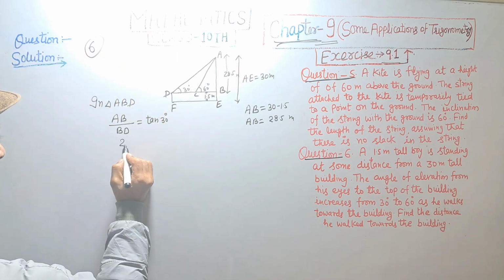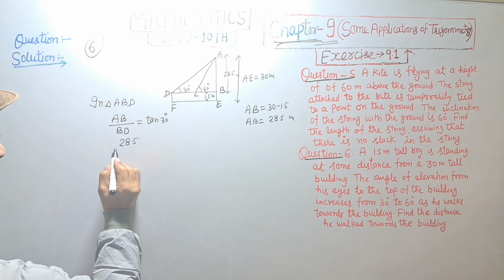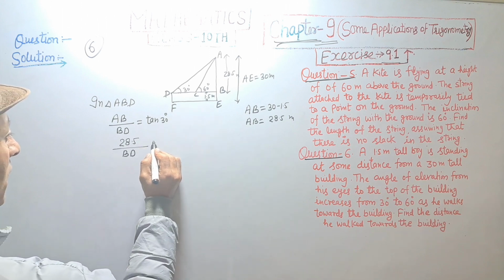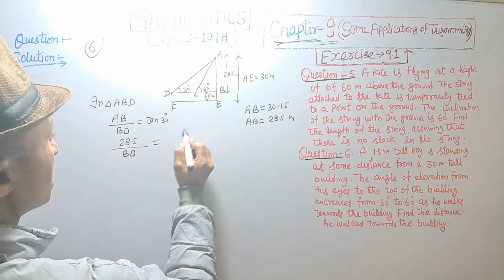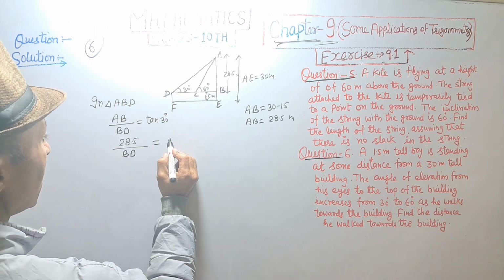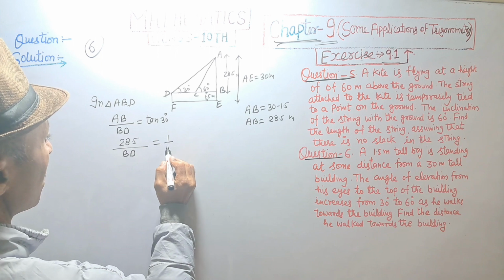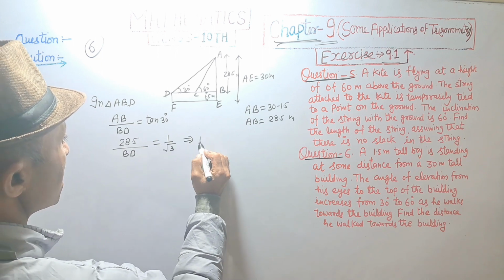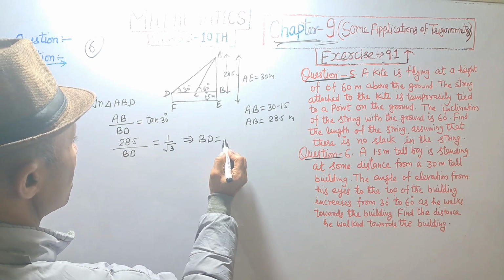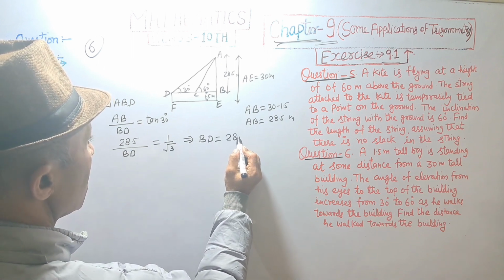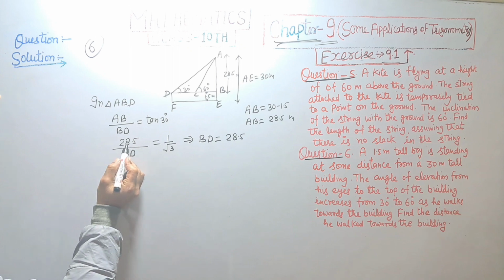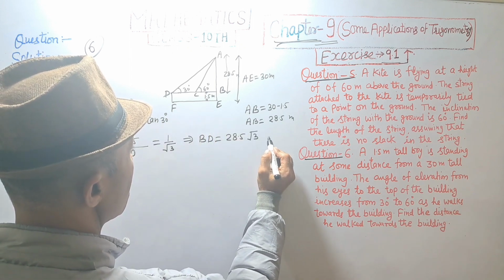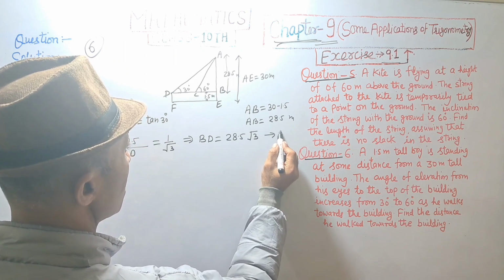AB is equal to 28.5, divided by BD, equal to the value of tan 30, that is 1 upon root 3. This implies BD is equal to 28.5 multiplied by root 3, that is 28.5 root 3. It's equation number 1.